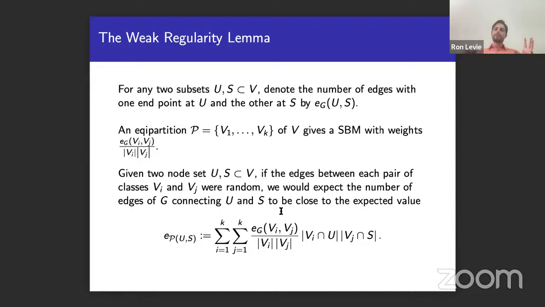We have some graph, it is deterministic, and we want to partition the nodes into non-intersecting classes in such a way that the densities of edges between each pair of sets of nodes behave, in some sense, like the expected number of edges if the graph was random.